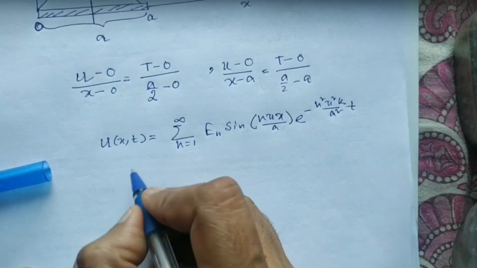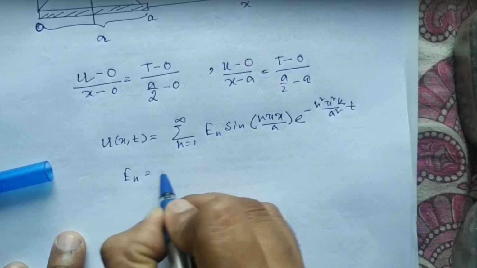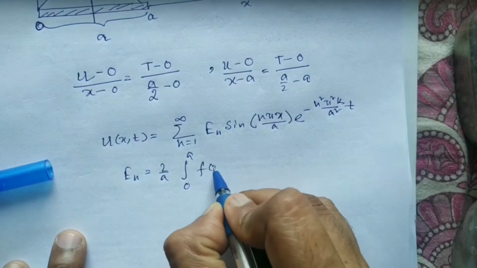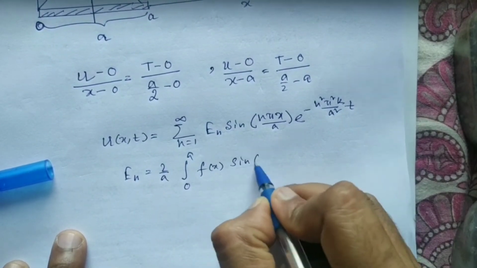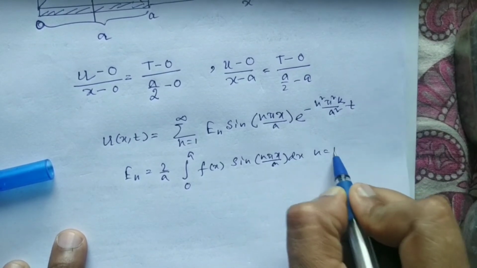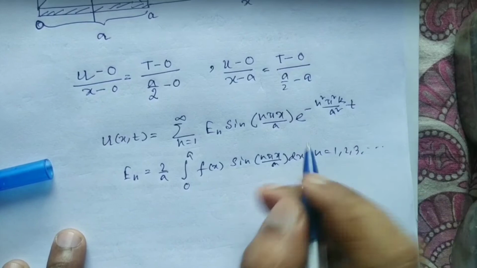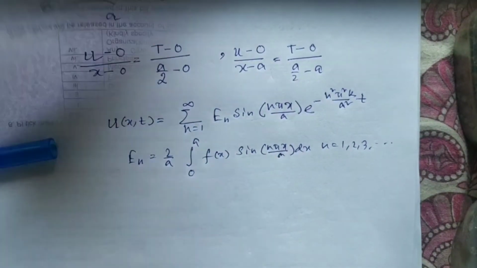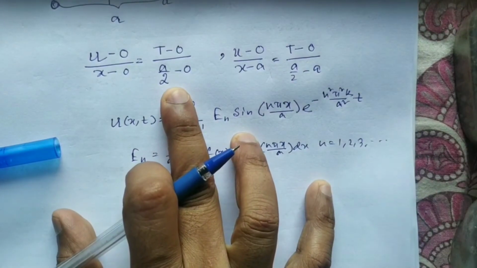This is the solution where E_n is given as 2/a times the integral from 0 to a of f(x) sin(nπx/a) dx, where n equals 1, 2, 3, etc. So we have to solve this problem, and we have this initial condition given.